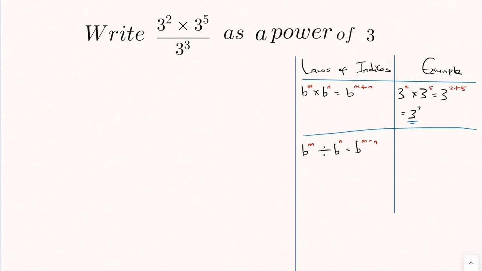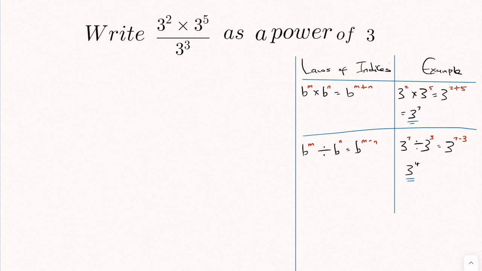So for an example, if you have 3 raised to the power of 7 divided by 3 raised to the power of 3, it gives us 3 raised to the power of 7 minus 3. So 7 minus 3 is 4, and we say it's 3 raised to the power of 4.